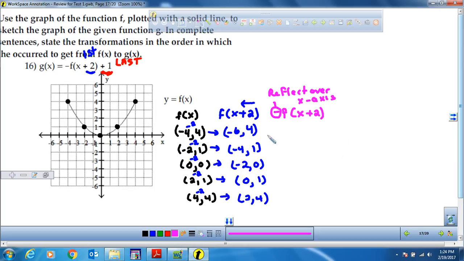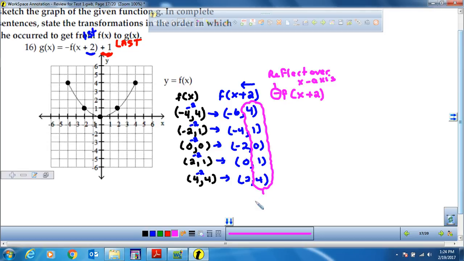And what change is that going to cause to my points is going to change the signs or multiply all of the y values times a negative. That's basically what that is going to do. I'm just going to say, to make it simpler, let's just go ahead and change the signs of those y values. So my new points will be the following.